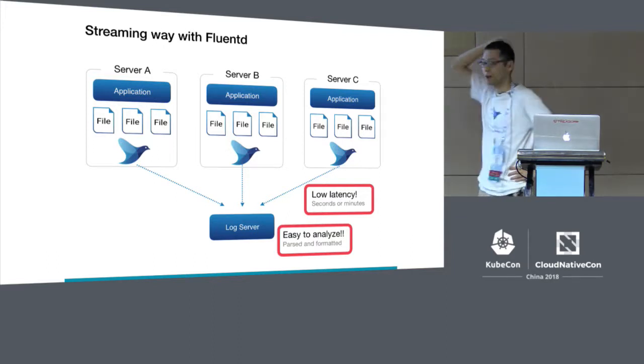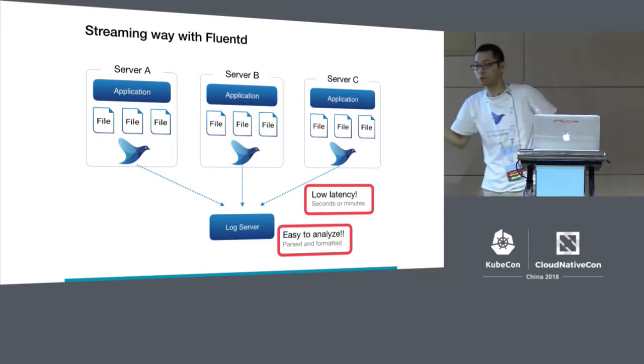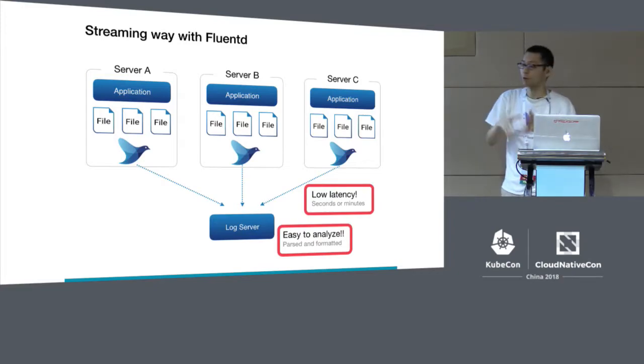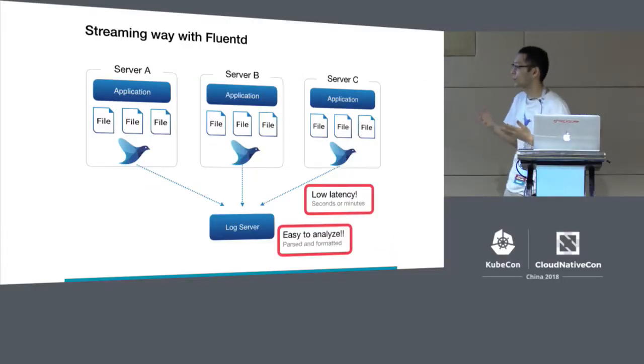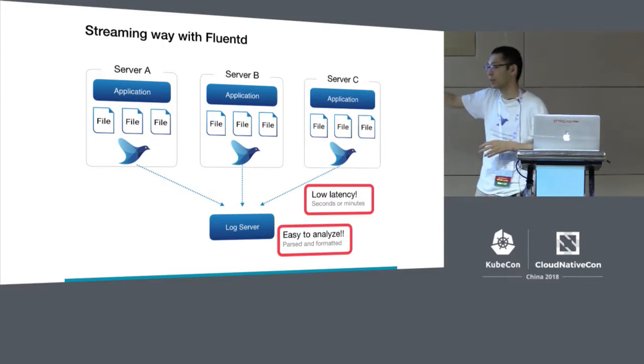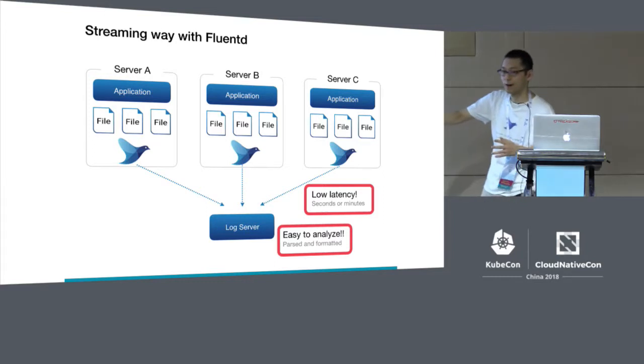This is one example of streaming log collection. In the old days, we used rsync or other transfer tools. The problem with this approach is that it needs to wait until all data is logged in the local files. But in streaming log collection, for example, Fluentd monitors the log files, and if the application writes logs to the local files, Fluentd reads the logs immediately and sends data to the destination.